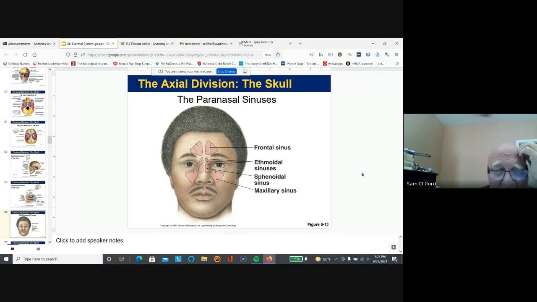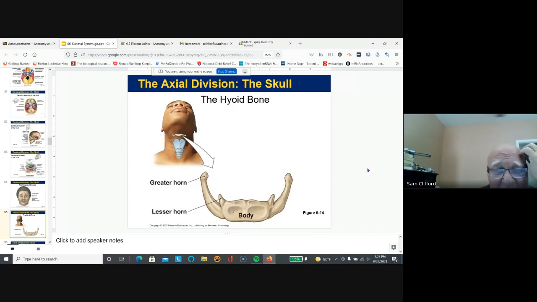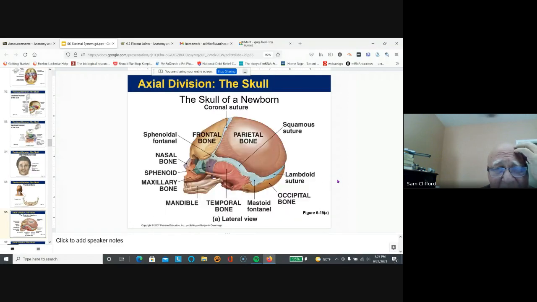Are they here to make our skull lighter? Who knows? The hyoid bone is just above the thyroid cartilage, and it's for attachment of muscles around the neck. It's a free bone, so to speak. It's held in place by ligaments and tendons.